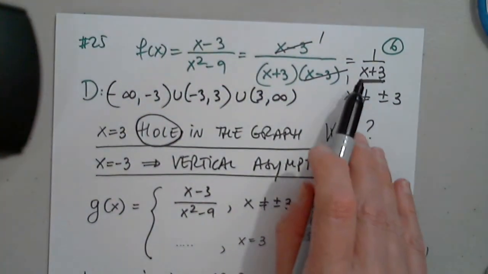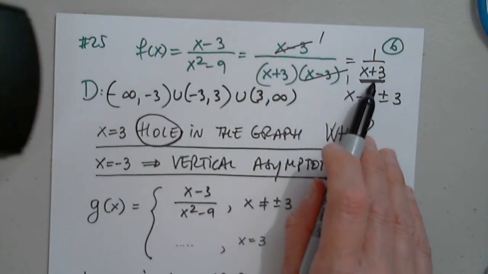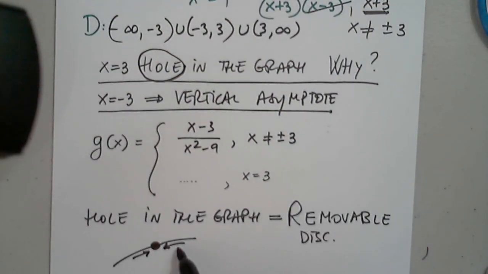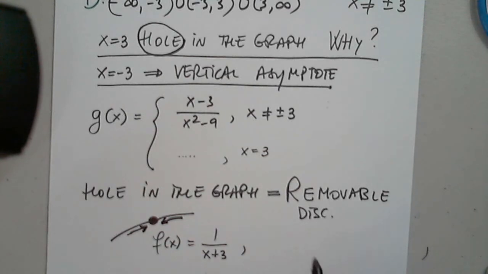So what is the limit from the left of 3 of the simplified form, and the limit from the right of 3 of the simplified form? So now our simplified form is this. All I have to do is find the limit from the left of 3 and the limit from the right of 3. Of course, they have to be the same.